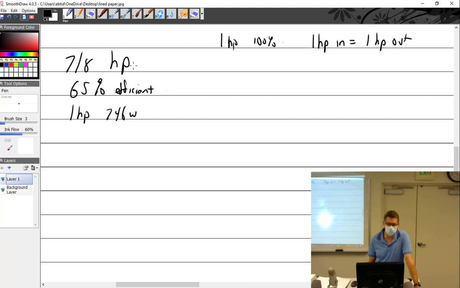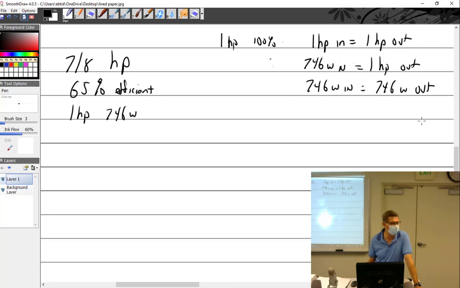If I had a 7/8 horsepower that was 100% efficient, that would mean 7/8 horsepower in. Let me back up a little bit. 1 horsepower, if it's 100% efficient, means 1 horsepower in equals 1 horsepower out, which is to say that 746 watts in equals 746 watts out.